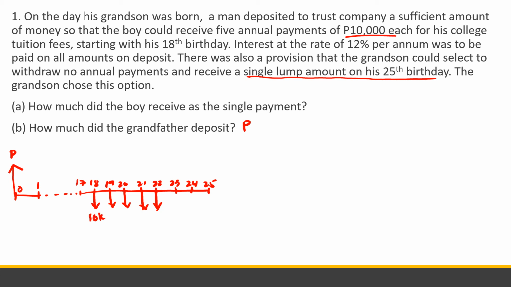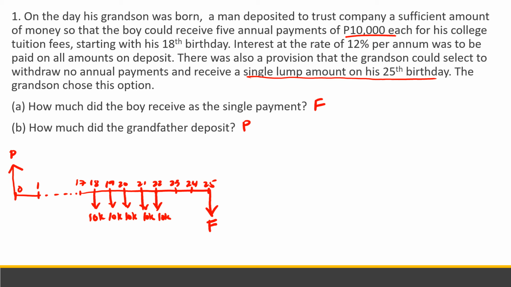So this is 10K, 10K, 10K, 10K, and 10K. So the grandson chose to receive the amount at his 25th birthday. So what is the amount here? That is F.